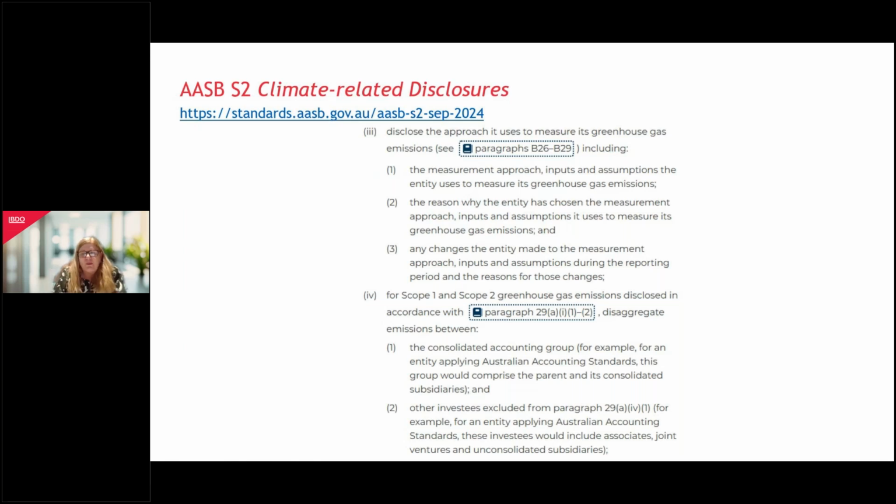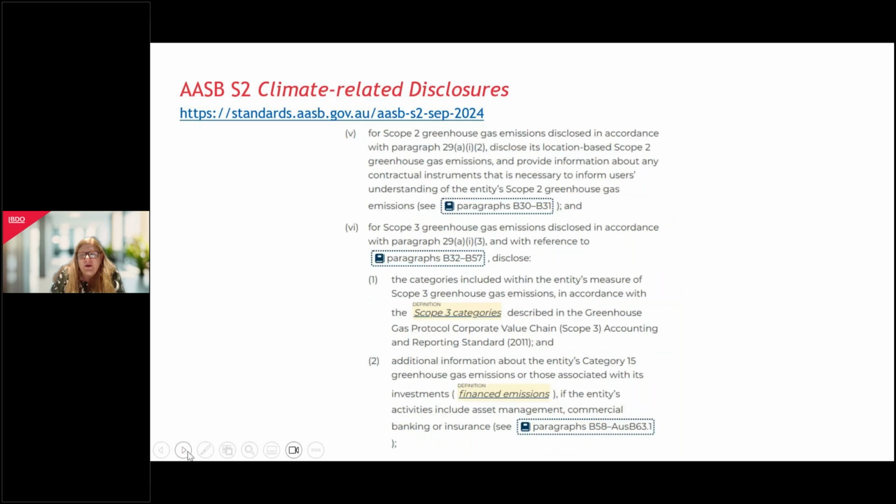So, for example, if you've excluded associates or joint ventures or unconsolidated subsidiaries, you still have to include that as well. Again, in the next paragraph, for your scope 2 emissions, you have to look at location-based information as well. And so there are two methods, and both methods should be disclosed.